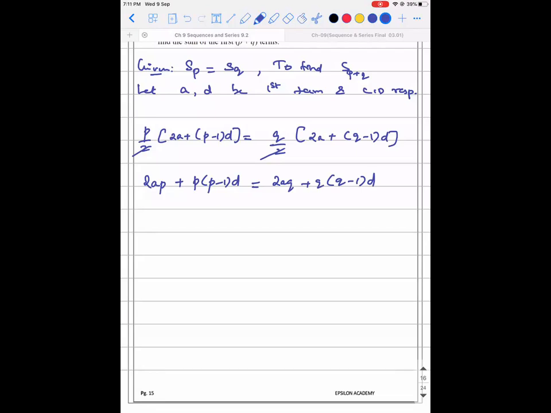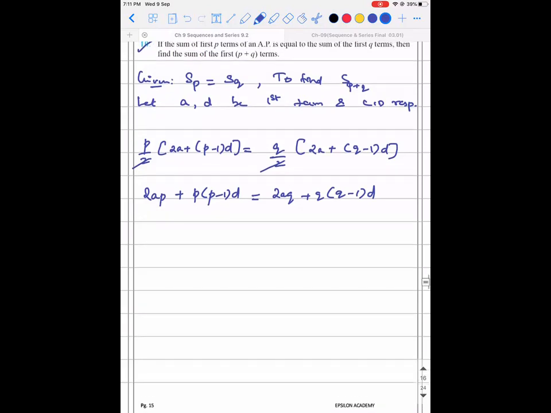So we have only one equation, right? There is only one condition given. Will we be able to solve this? We can solve this problem only if we are able to find a in terms of d.